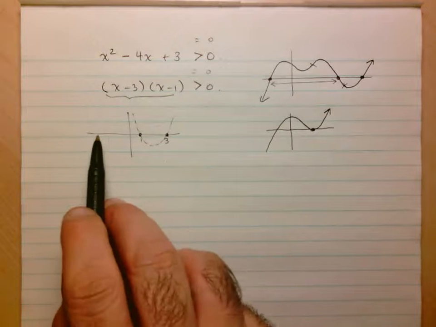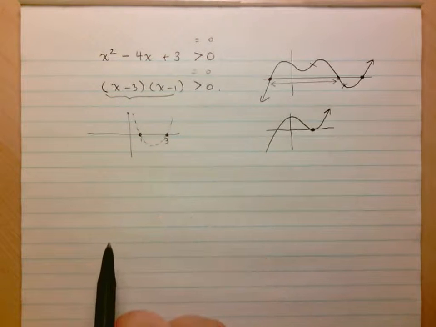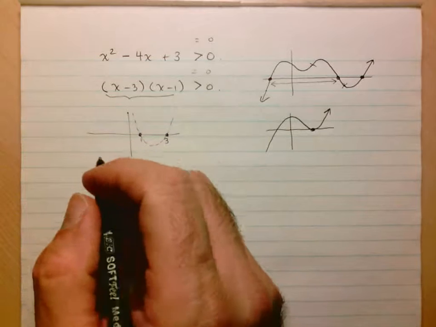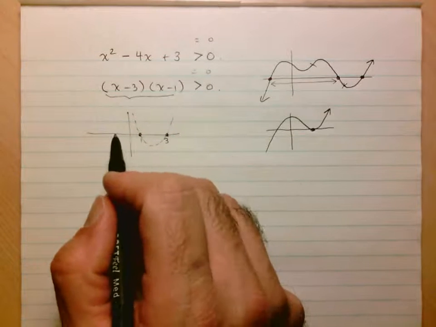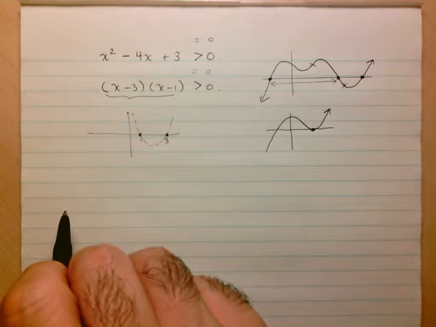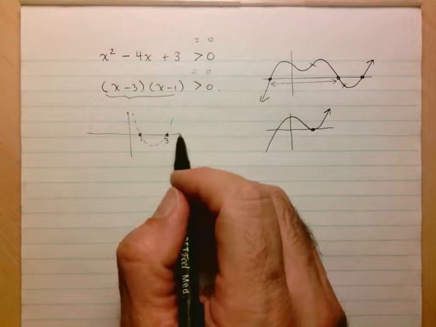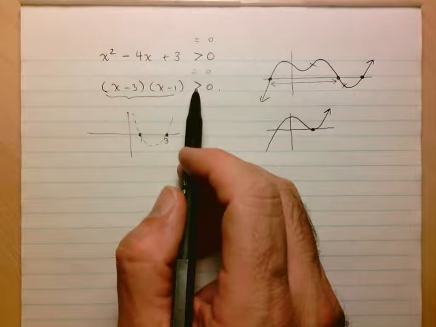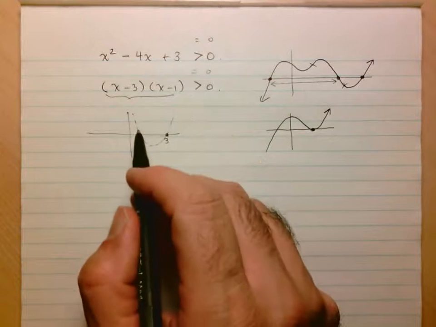I can read right off my sketch where it's going to be positive and negative. It's going to be greater than 0 when x is less than 1, or when x is greater than 3.